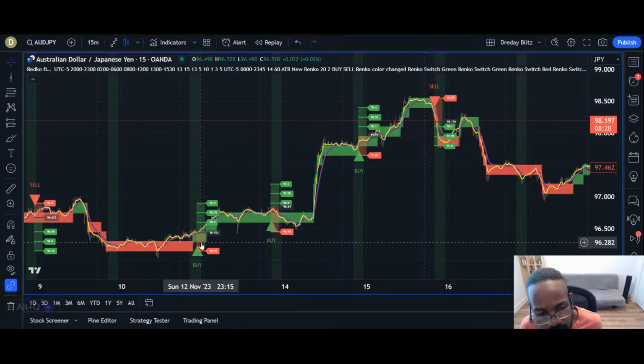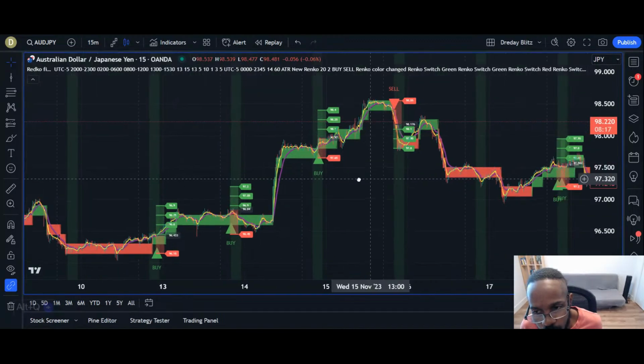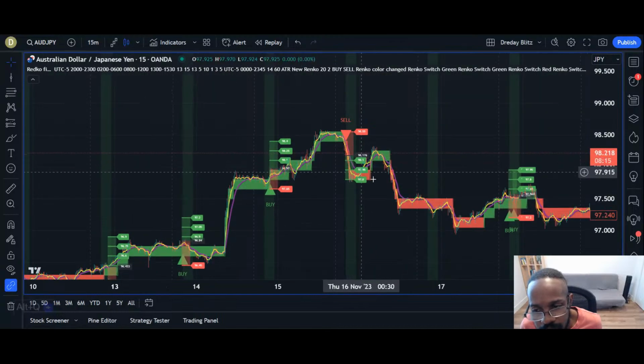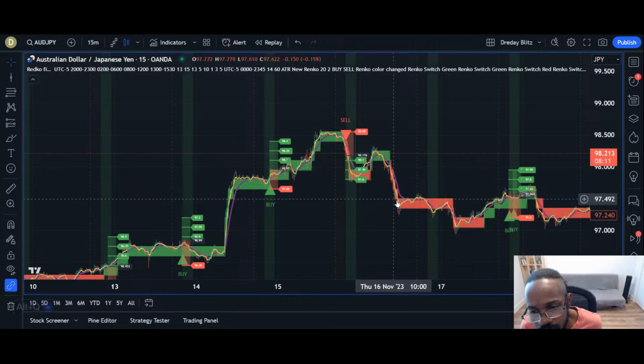And on top of that, if you take the trades off of the switch of the Renko momentum, you would be in 1 buy and 1 sell, and basically 2 buys and 2 sells.